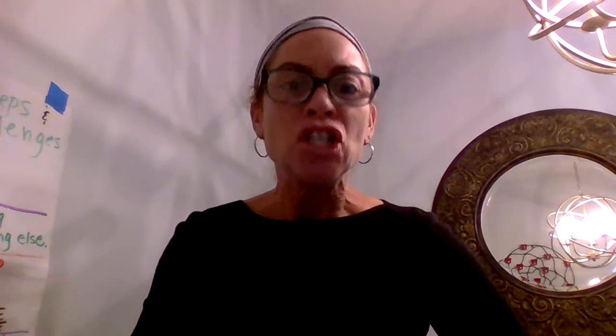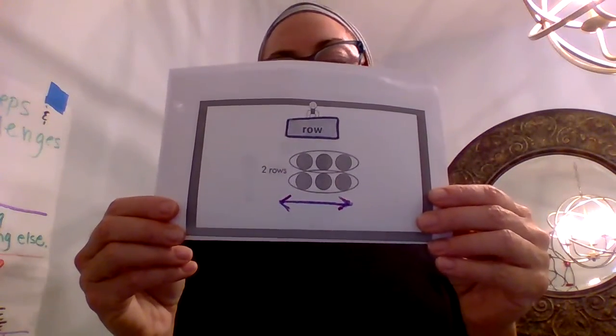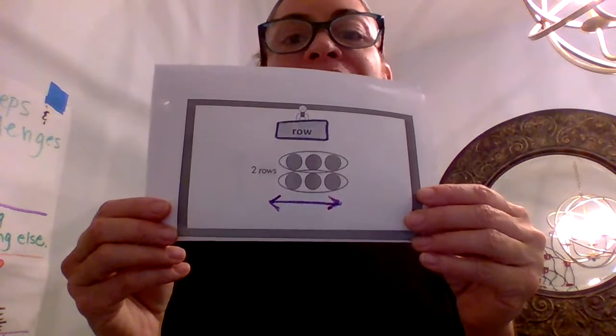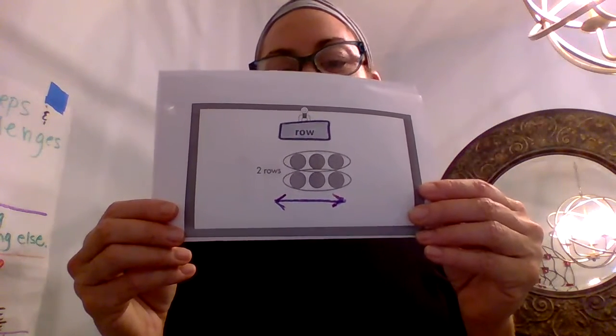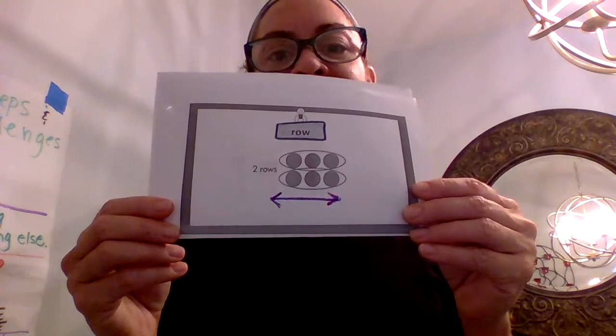You know these because we make arrays. If we have the problem 2 times 3, it's 2 rows of 3. Here is 2 rows of 3. Rows go left to right. Okay, you could press pause and go ahead and write rows and model that, how it goes left to right.